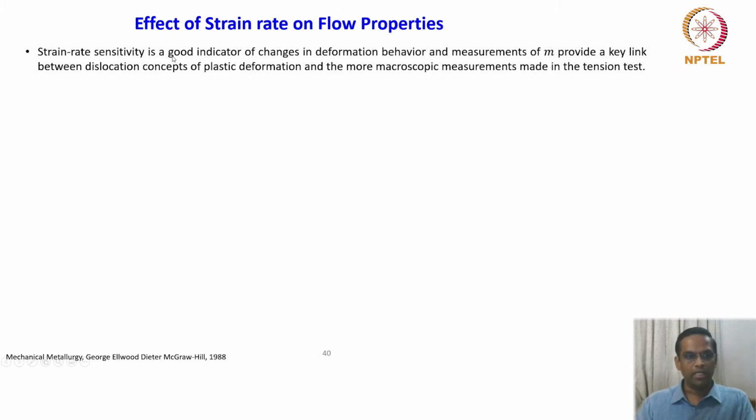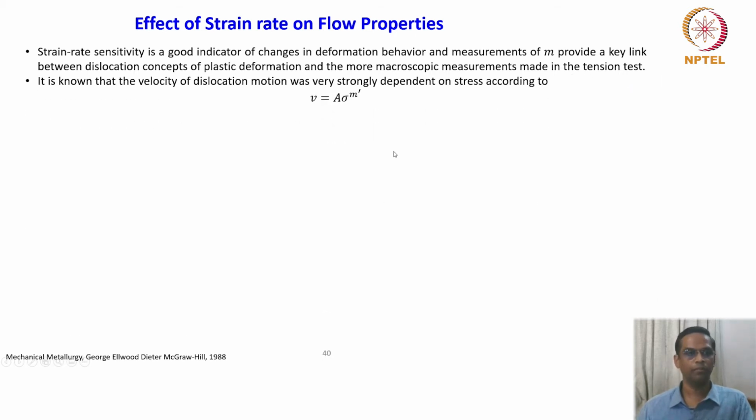Strain rate sensitivity is a good indicator of changes in deformation behavior, and the measurements of m provide a key link between dislocation concepts of plastic deformation and the more macroscopic measurements made in the tension test. Very important idea, we will see.